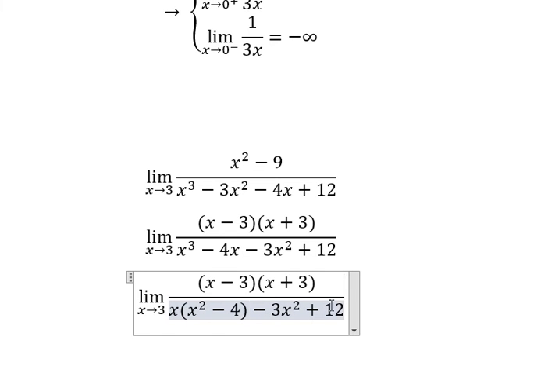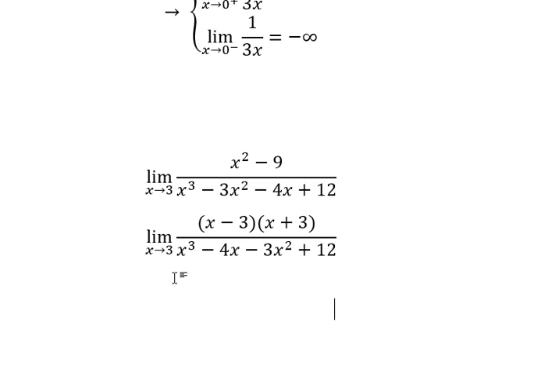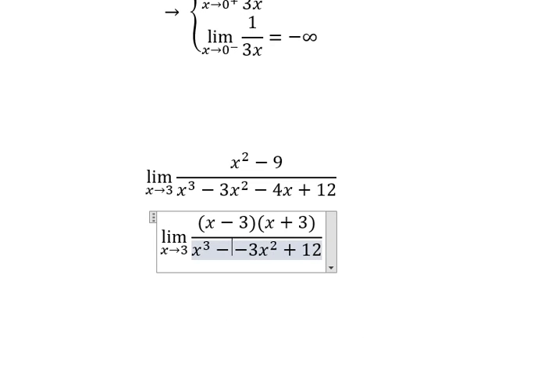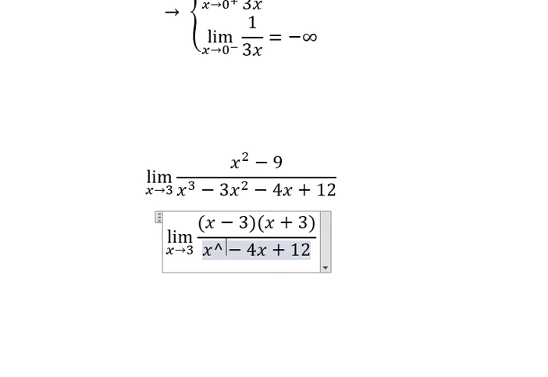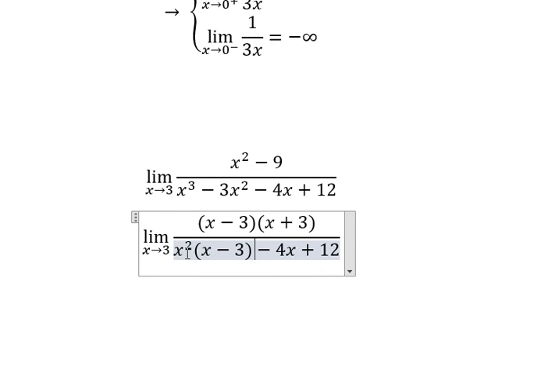Oh, sorry, wrong. So this one we can do factorization. This one we do negative 4.